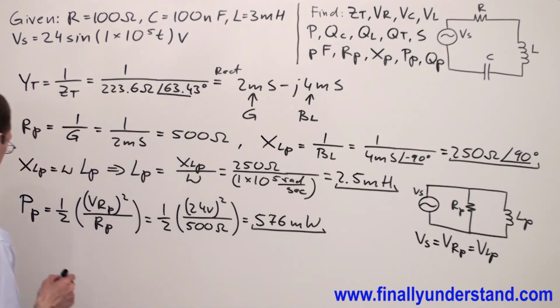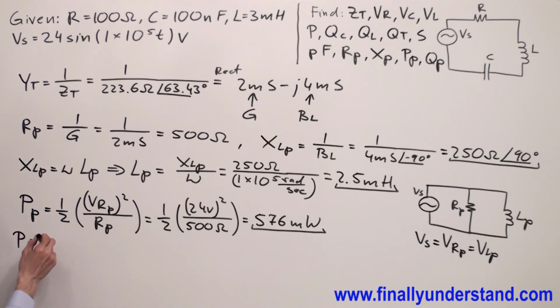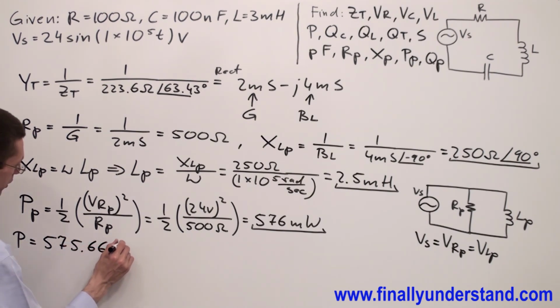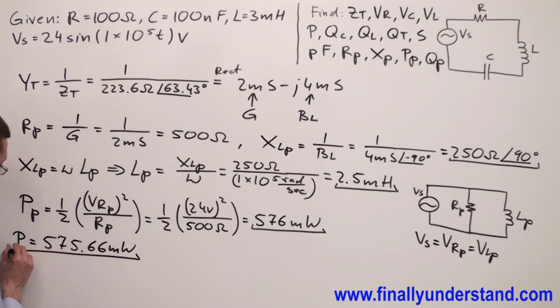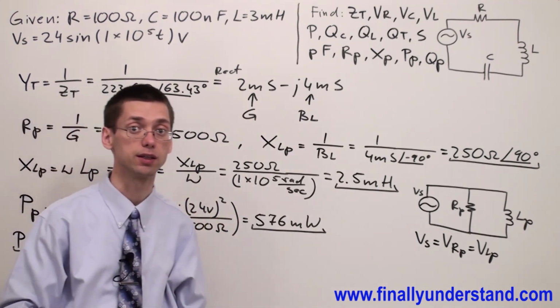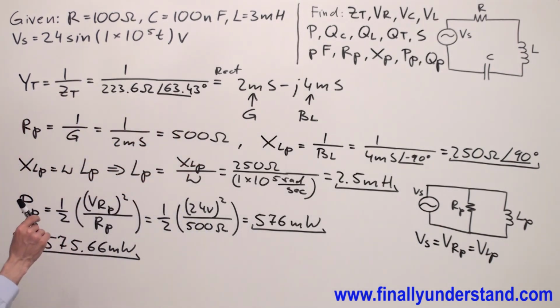Let me remind you that we obtained the true power in the series circuit equal to 575.66 milliwatts. Please notice that these two values are very close to each other, so it means that our calculations are okay. So let's check the reactive power.